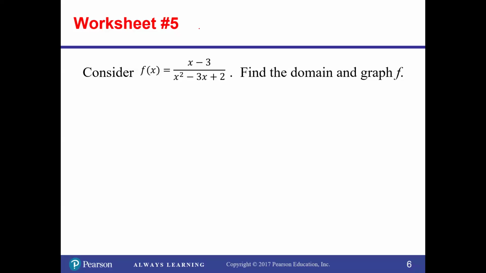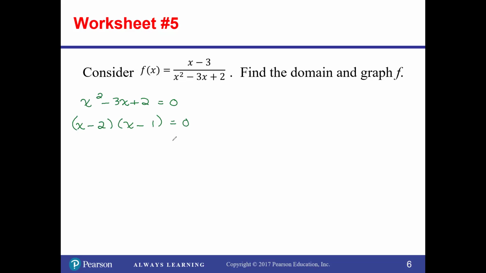All righty. So for this one, like I said, just look at where that denominator is equal to 0. We see that this will need to be factored because we have a quadratic. I need two numbers that multiply to give me +2, but add to give me -3.